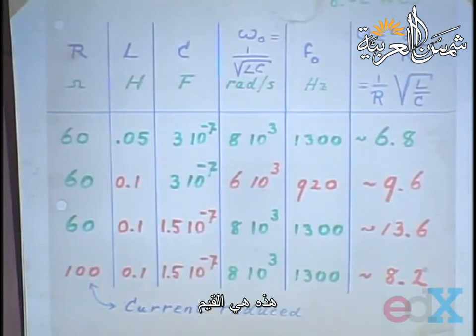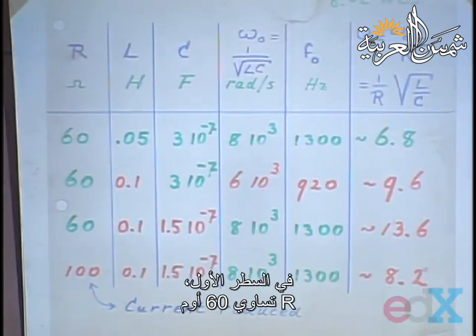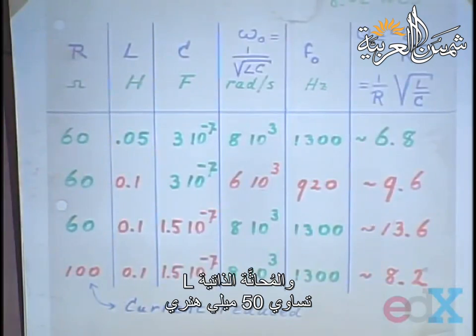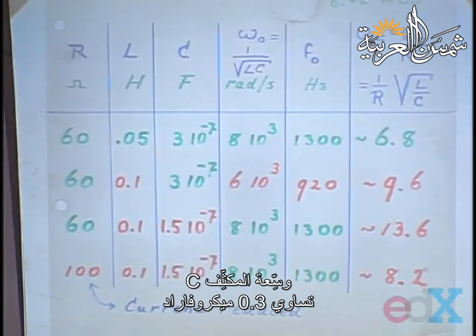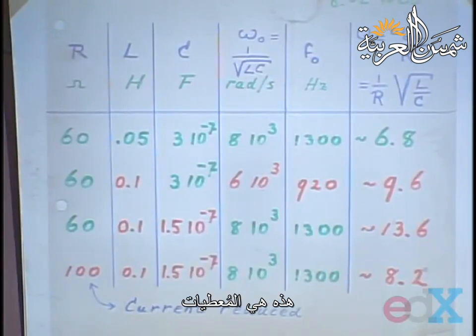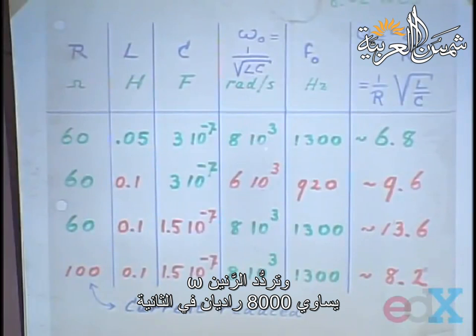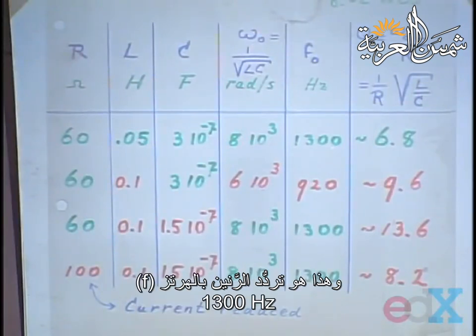The idea being that for these values that I have there, in the first line you see R, 60 ohms, and the self-inductance is 50 millihenry, and the capacitance is 0.3 microfarads. So that's a given there. And I give you here the resonance frequency, 8,000, in terms of omega, radians per second. This is the resonance frequency in hertz.